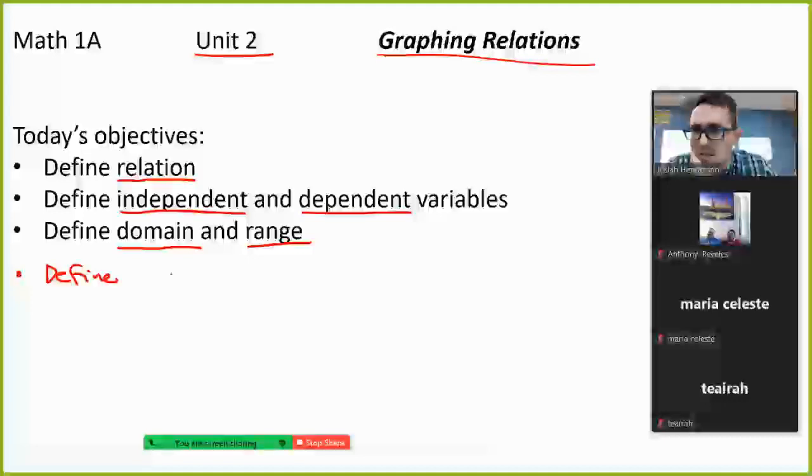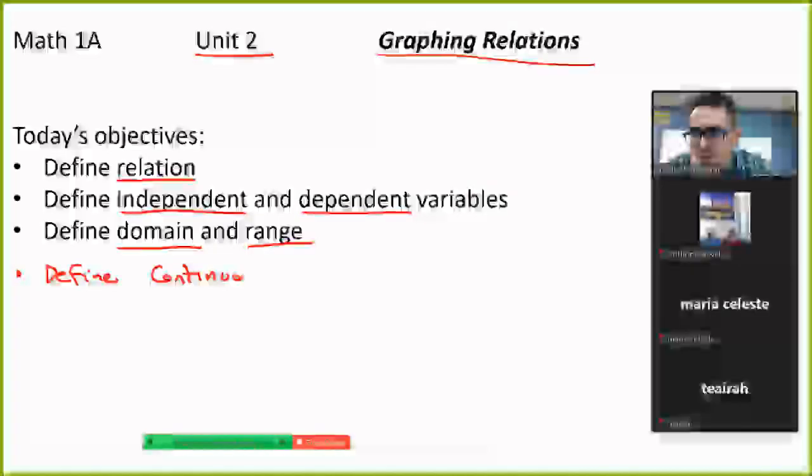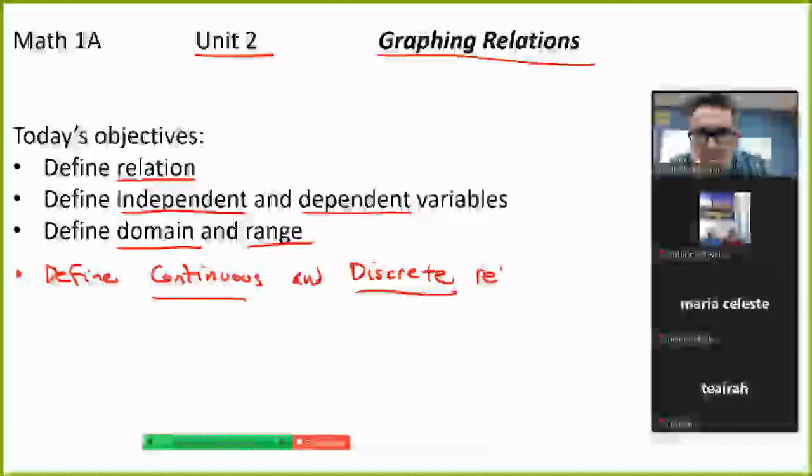Define continuous and discrete relations. So this is what I meant by it's kind of a lot of vocab, a lot of definitions today.